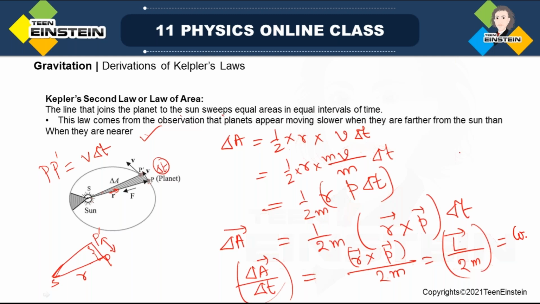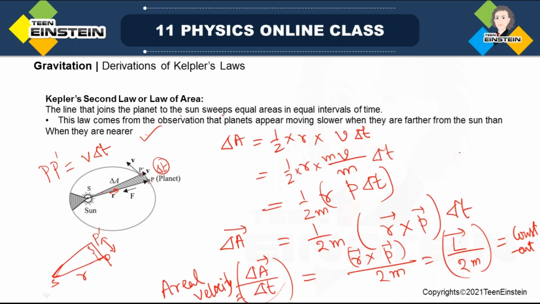Since L is constant, it is also constant. That means this rate of change of area vector means the aerial velocity. Thus the aerial velocity of the planet remains constant.